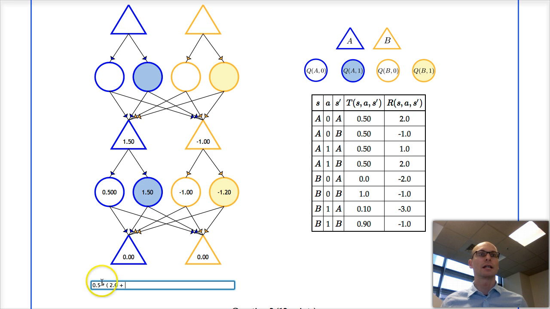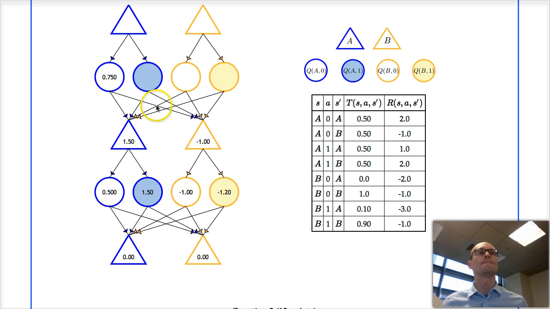Plus, if we go to A, we will get future rewards on expectation of 1.5, so plus 1.5. And then there's a 50% chance of going to B, in which case we get an instantaneous reward of -1.0 and a future expected reward of also -1.0.